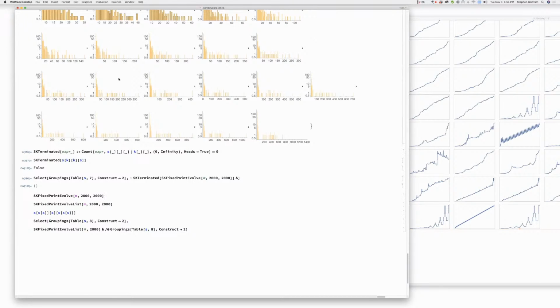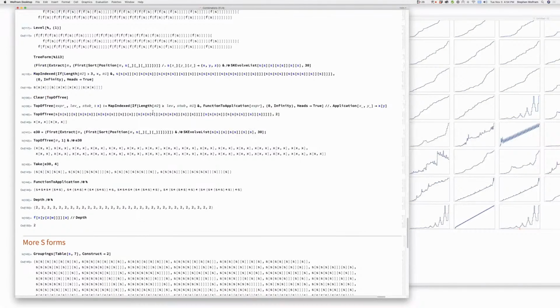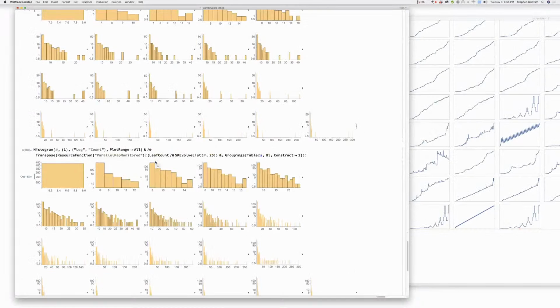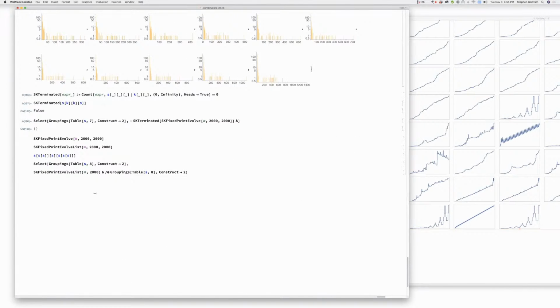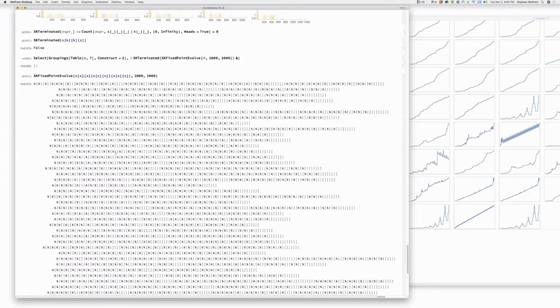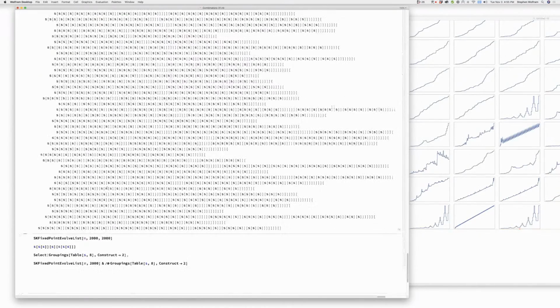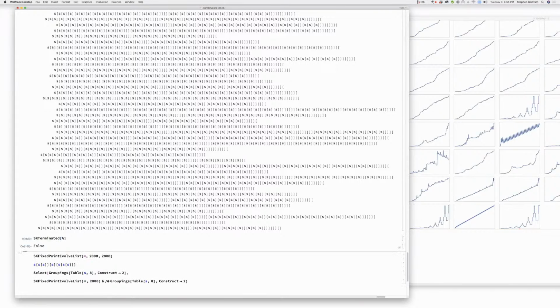Okay, so let's try then the one that we had, which didn't terminate, which is this one here. Okay, that makes a big messy thing. And now we say SK terminated of that. It's false that it terminated.